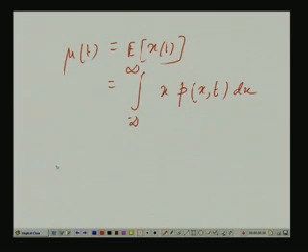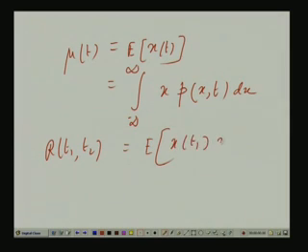Similarly, you can define the autocorrelation R of T1, T2. This is strictly for the real case. For the complex case, I have to bring in some complex conjugation somewhere, which we will do a little later. It is nothing but, we have two random variables xt1, xt2, and it is just the expectation of the product.